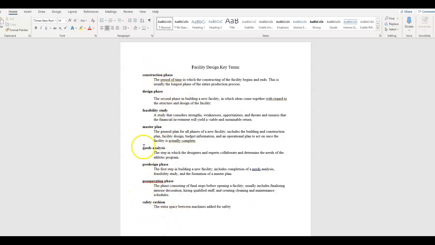But for example, if we want to talk about a needs analysis, this is the step in which the designers and experts collaborate and determine the needs of the athletic program. So what are your top priorities? What are your medium priorities? What are your low priorities? And people usually make a wish list. If you had a facility to design and money was no option, what would you want? And then you kind of cut back from there.